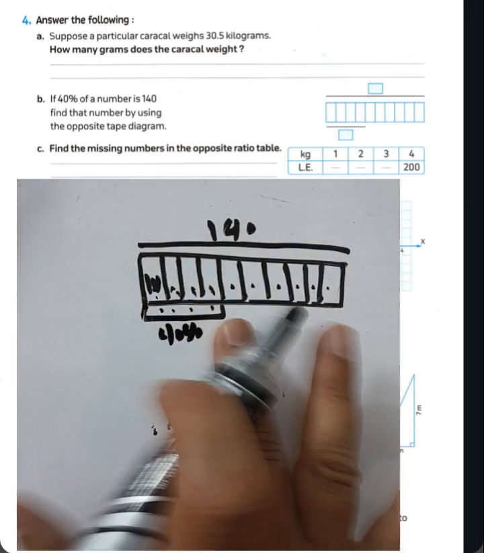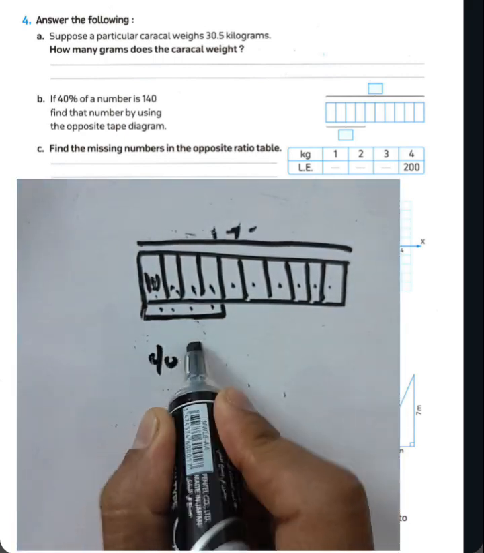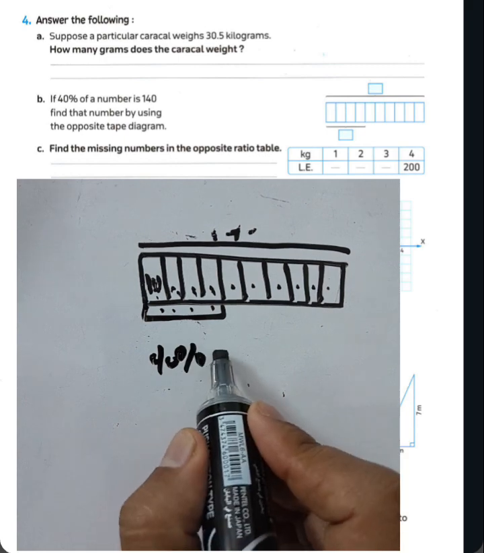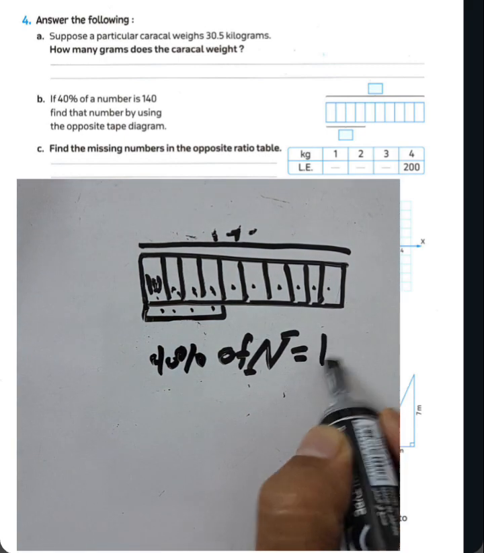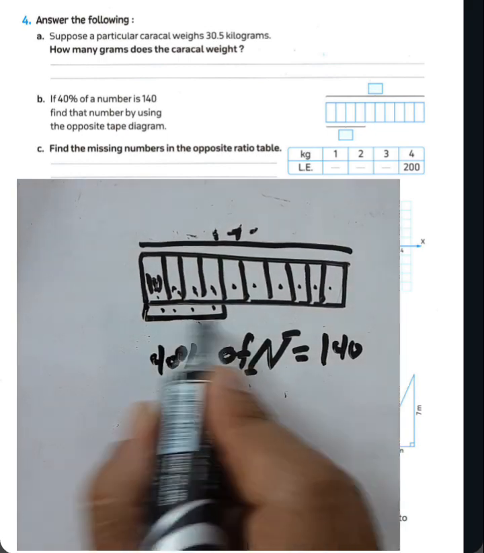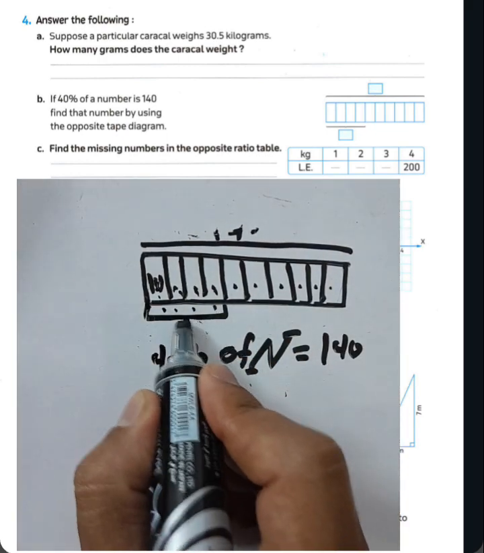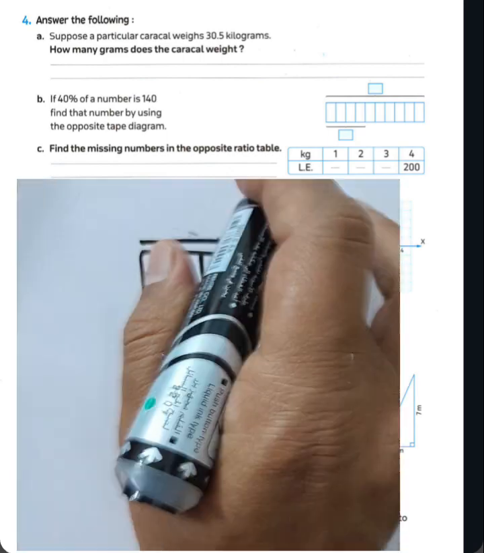Again, reading the question again. He tells us 40% of a number equals 140. The 40% here will be 140. We want to find the number. Okay.